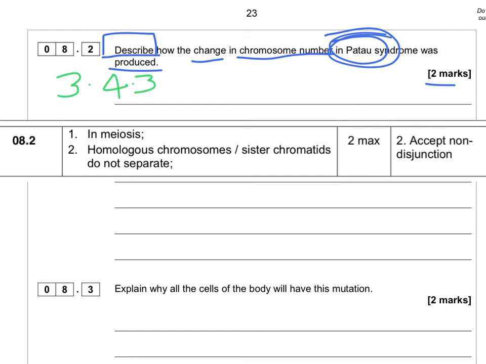And you can say that the homologous chromosomes do not separate, or non-disjunction. The reason they'll allow that is because I'm looking at it now in the spec, it's directly mentioned in the spec. So if you've learnt meiosis and the fact that they arise spontaneously by chromosome non-disjunction, then that is the answer.